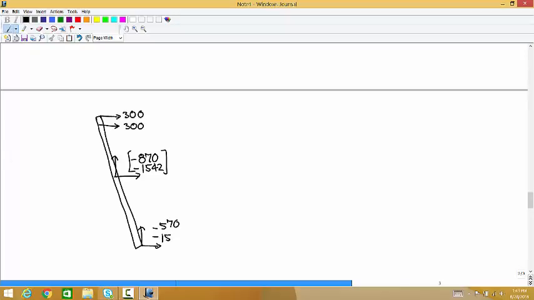Negative 15. Wait, positive 1542? The one at the bottom is negative and this one's positive? I have both as negative. I had different numbers for 1 and 2. I don't know if that would make a difference.